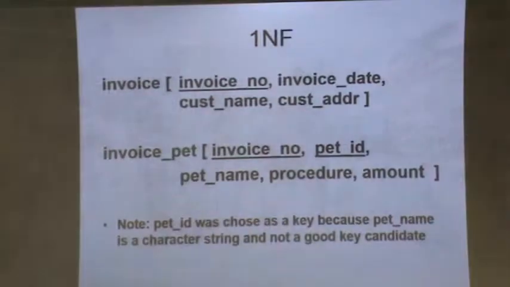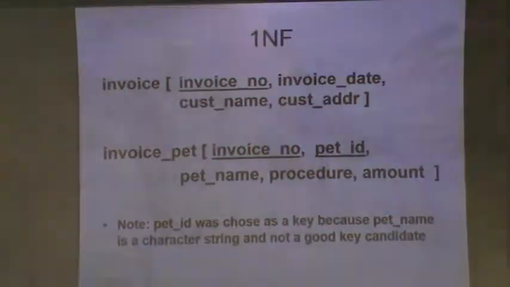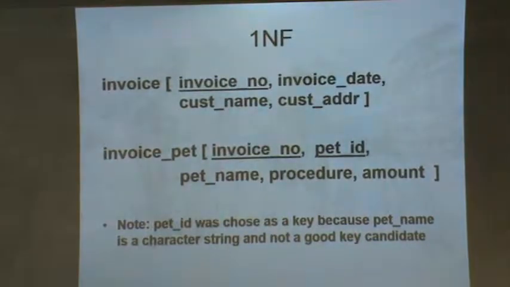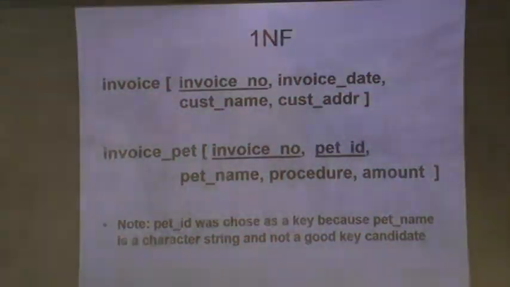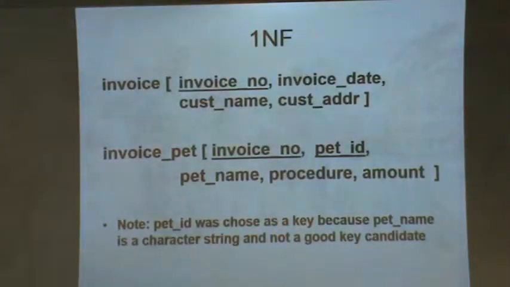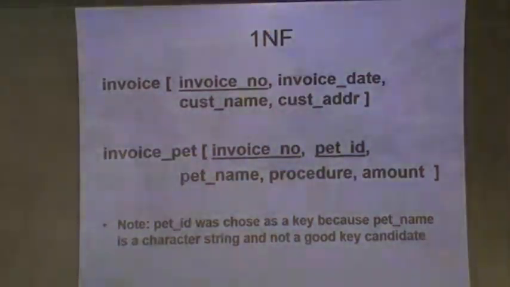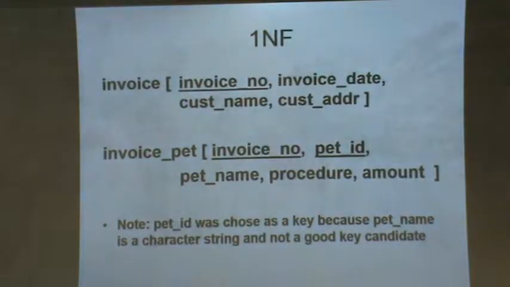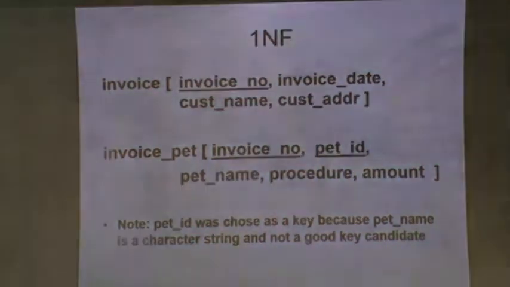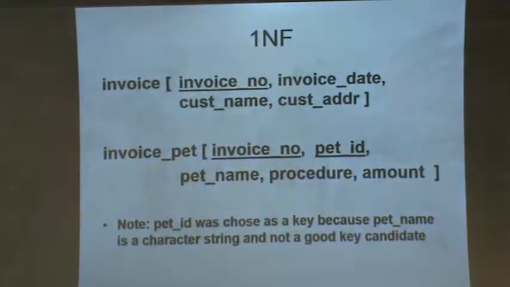Because paid ID will be different, but for the same invoice number, I have more than one value. The invoice number is getting repeated. Only seeing the column names, it's hard to understand the repeated names. But if you see it through the data, it's much easier. I think not everybody has a laptop, so I'm repeating here: if I have a paid name called Rover, but paid ID is different, the invoice number can still be the same.